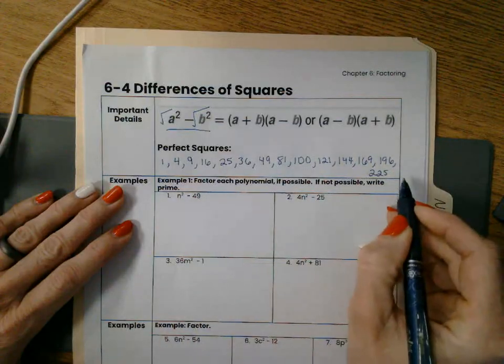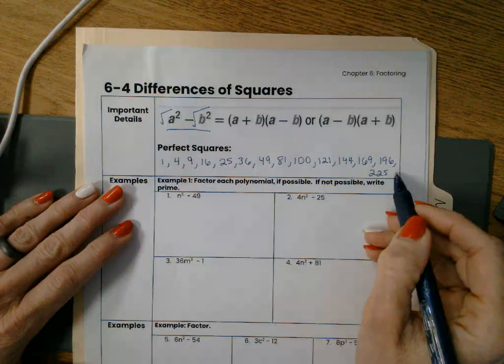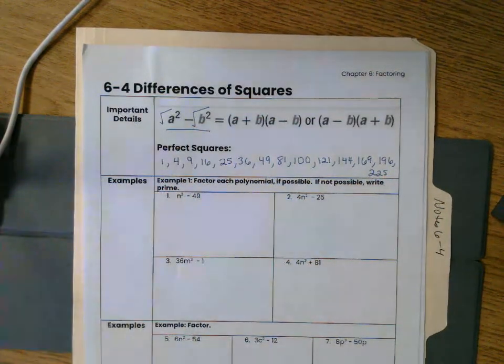These are all perfect squares up to 15. So the square root of 225 gives you 15. Okay. If you don't have these memorized, that's okay. You can just plug them in your calculator.